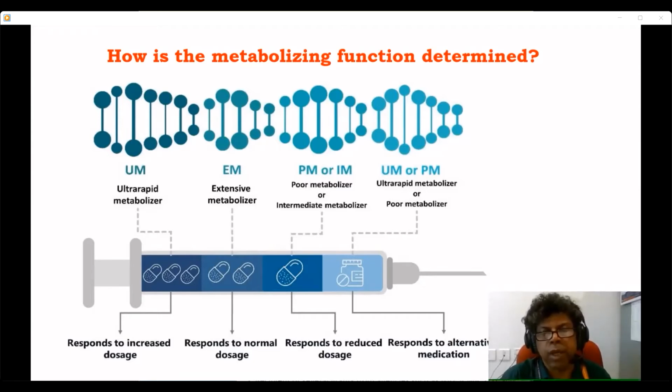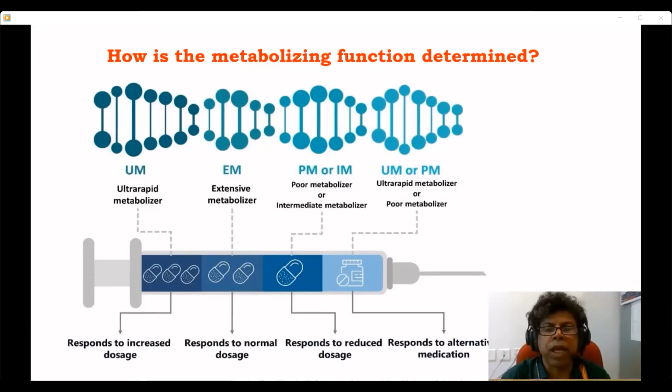But sometimes the patient may not be eligible for the ultra rapid metabolizer dosing for two reasons. One is that he has to take an increased dosage, and second, there is a possibility of toxicity of these drugs.